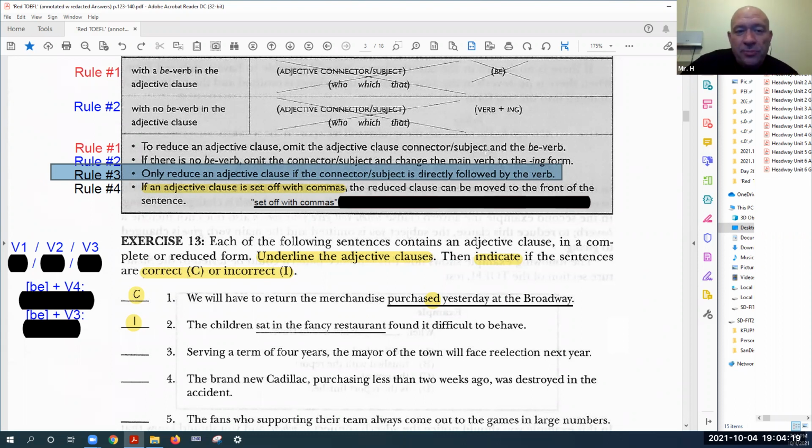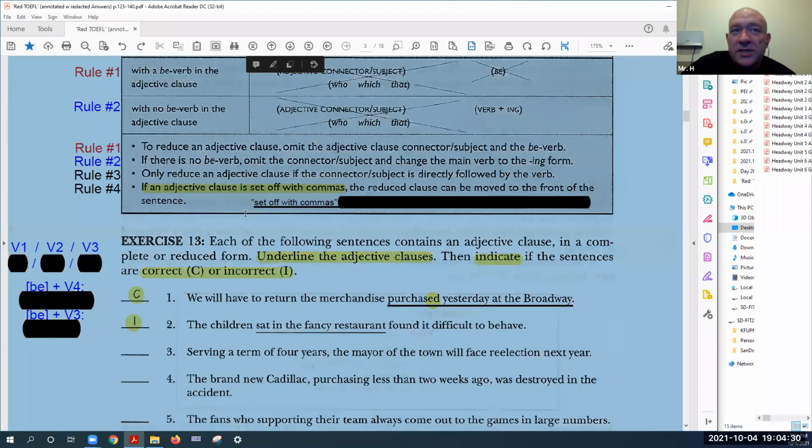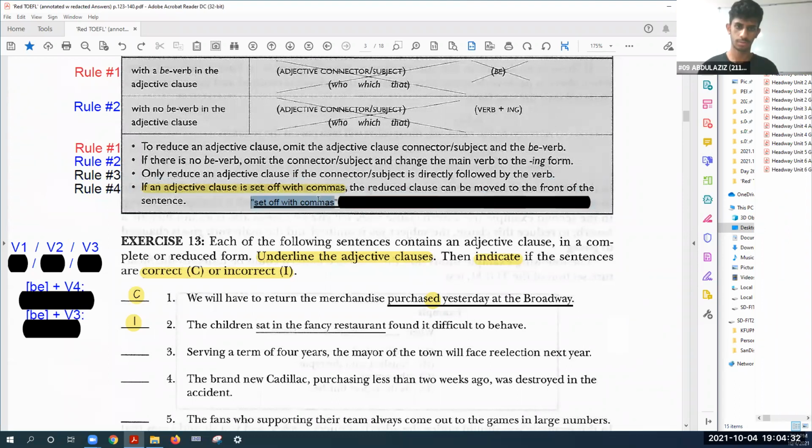Okay? And rule number 4, Abdulaziz. If an adjective clause is set off with commas, what does that mean? What does that mean, set off with commas? Separated. Separated by commas. And the reduced clause can be moved to the front of the sentence.